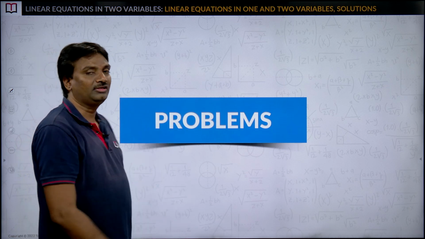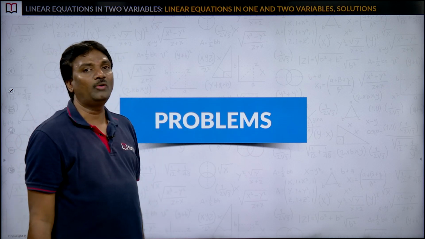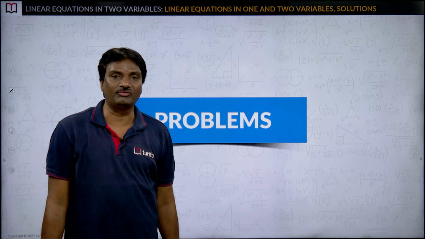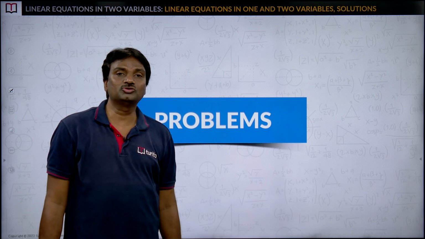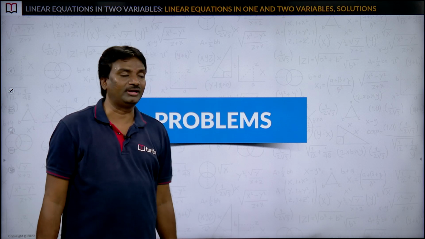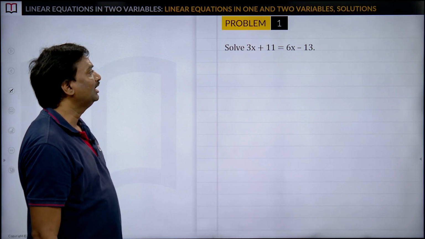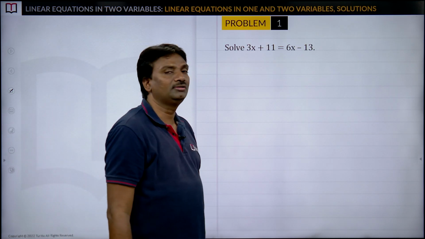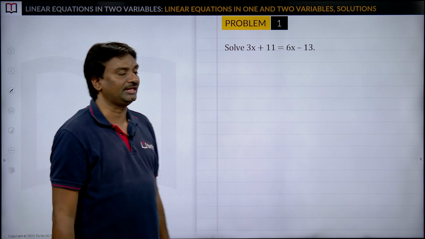So, we have discussed what a linear equation in one variable is and what the solution of a linear equation in one variable is. Now, look at this. Solve 3x plus 11 equal to 6x minus 13.